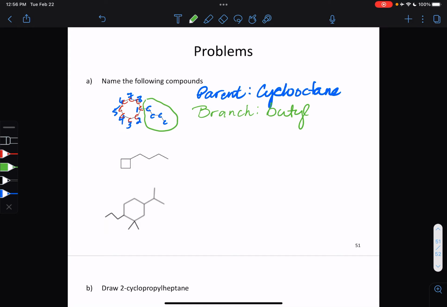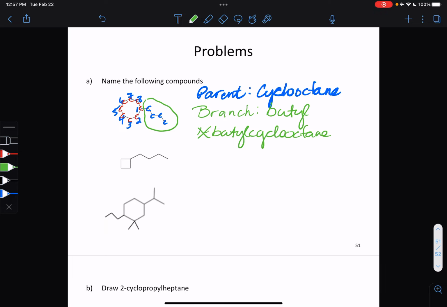All right, so what we have is 1-butyl cyclooctane, or you could just say butyl cyclooctane because that butyl group has to be on carbon number 1 of the cyclic structure because those are the rules. You make that carbon number 1.